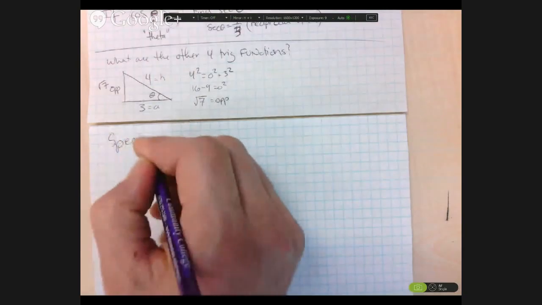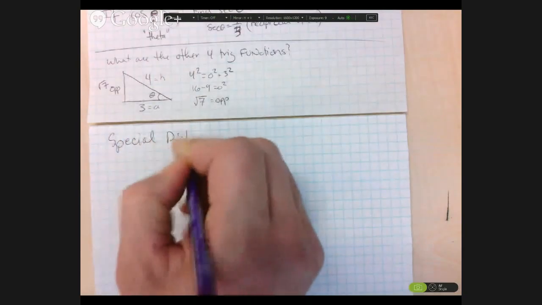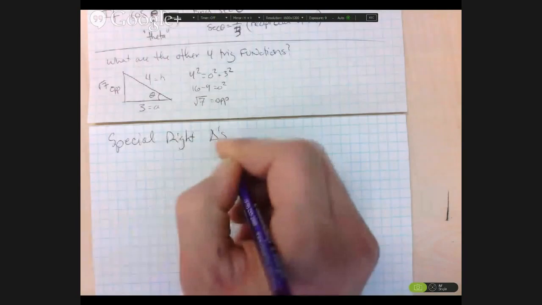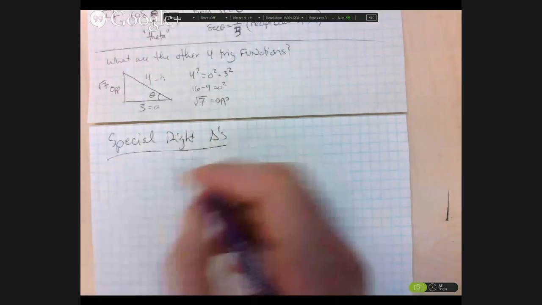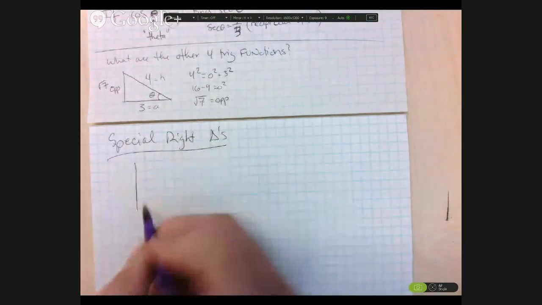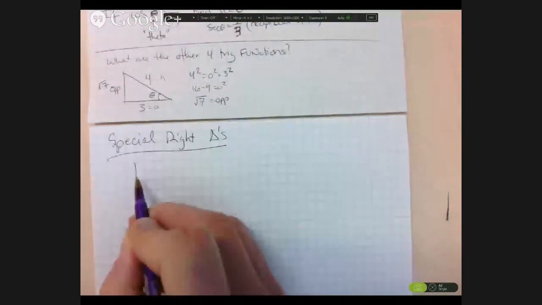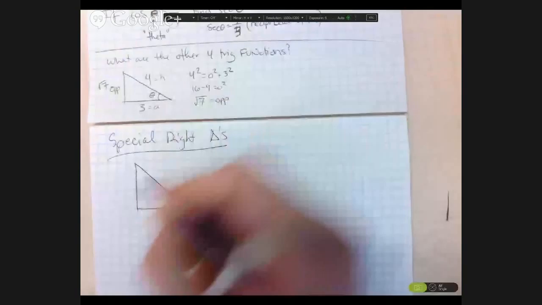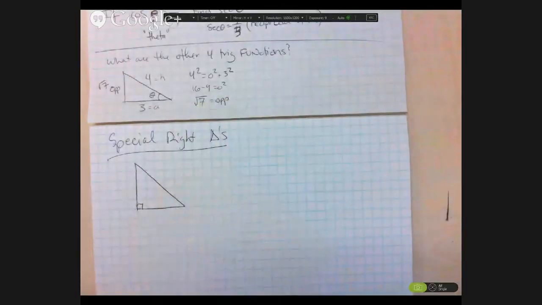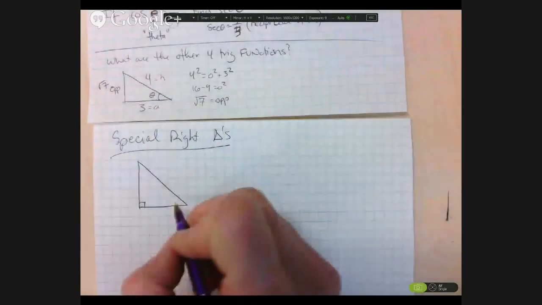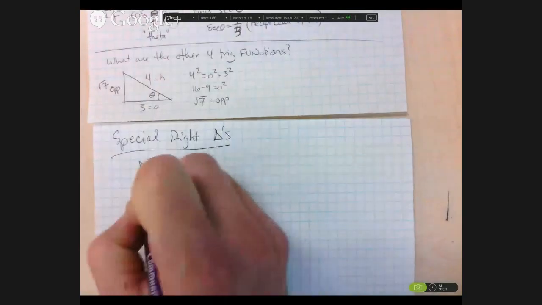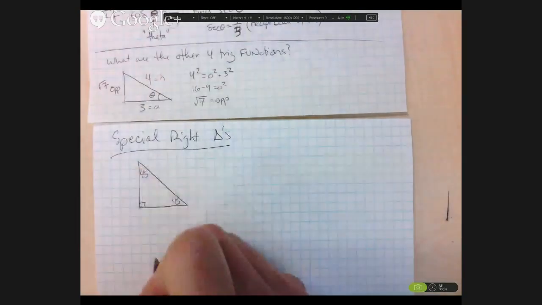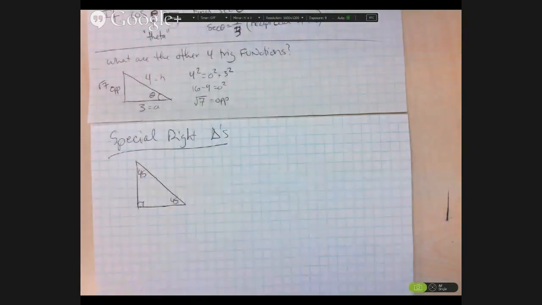Do you remember the special right triangles? Okay, what are the angle measures of that triangle? That's a special right triangle.